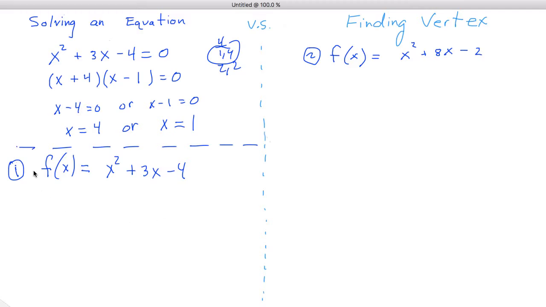All right, so here, let's just say it says find the zeros. If the question said find the zeros, this would be very similar to what we just did. Zeros are where the function is equal to 0.